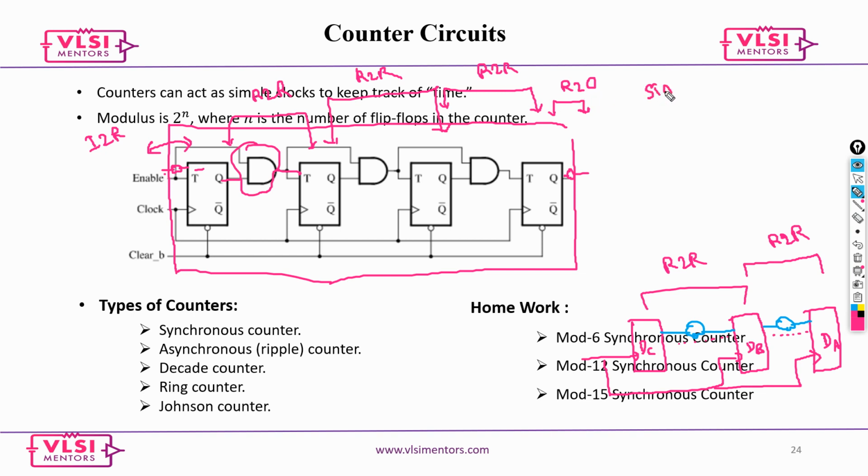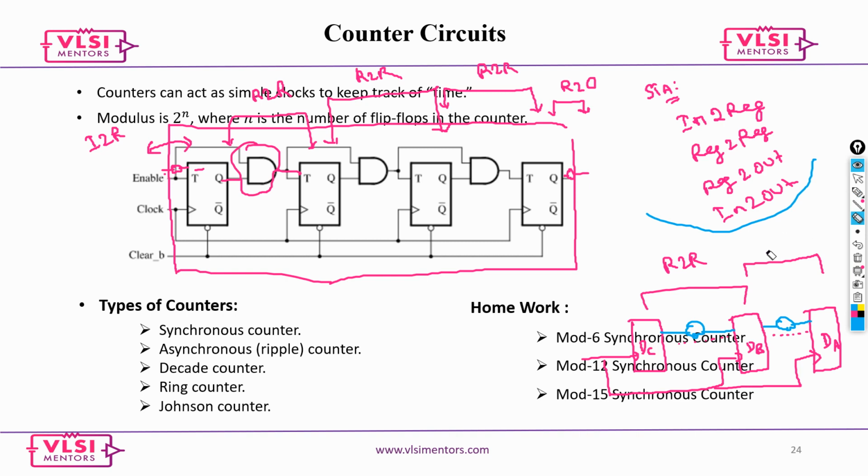When we talk about STA, we will look at them in detail. Input to register, then register to register, then register to output, and then input to output. So there are four different things that you have to look at. You will be analyzing them when we get into the STA part.